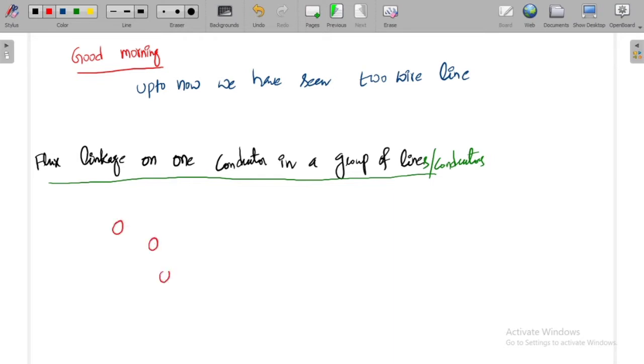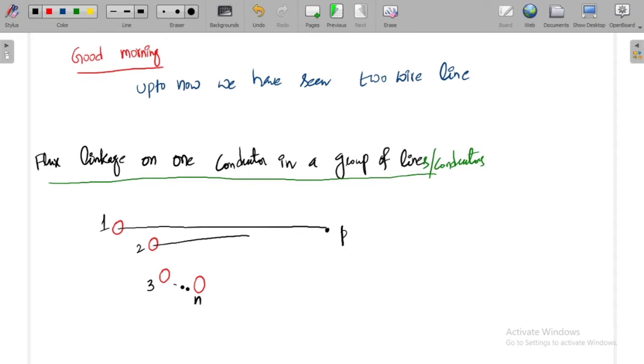These are the different conductors available in the space, and let me give names to these conductors. This is the first conductor, second, third, and so on. This is the nth conductor. Like that, there are n conductors or n lines available in space, and P is a distant point from all these conductors.